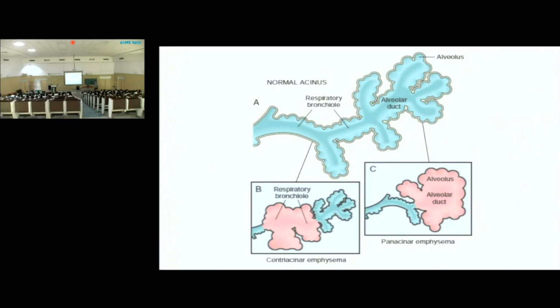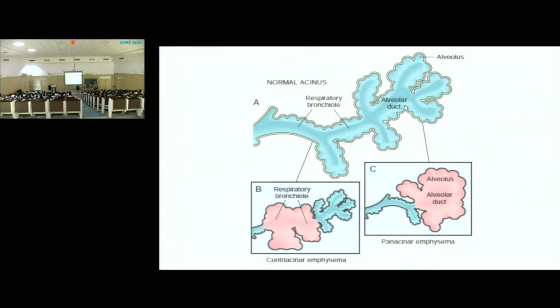So as we can see, this functional unit, if everything is enlarged or everything is affected from the respiratory bronchiole, from the alveolar duct till the alveolar sac, we call it panacinar. Pan means everything. Right? You can remember that. So everything is affected: respiratory bronchiole, alveolar duct and alveolar sac. What happens in centriacinar? The central portion.